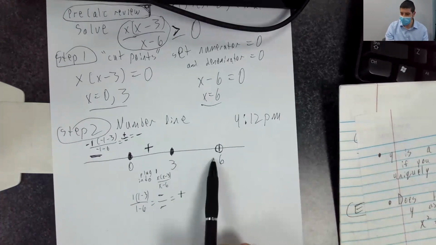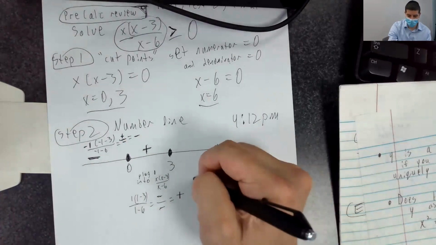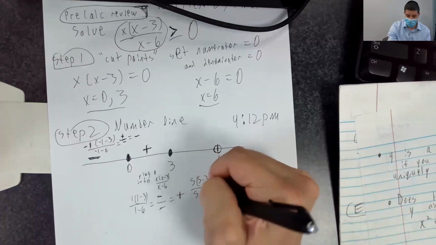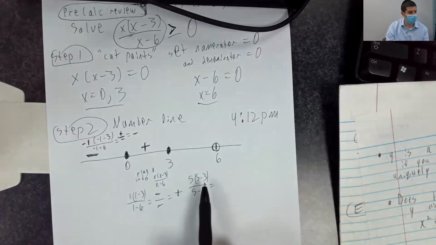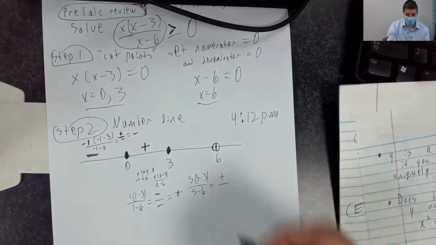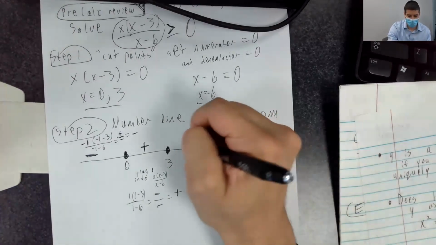Okay, between 3 and 6, tell me a nice number. 5. If I plug in 5, I get 5, 5 minus 3, 5 minus 6. So numerator is positive or negative? Positive. Denominator, 5 minus 6 is negative. Positive divided by negative? Negative.